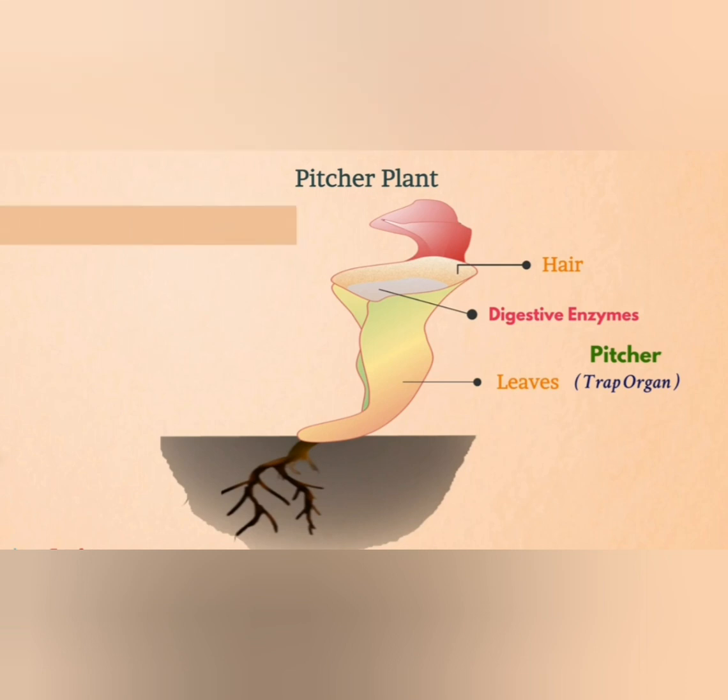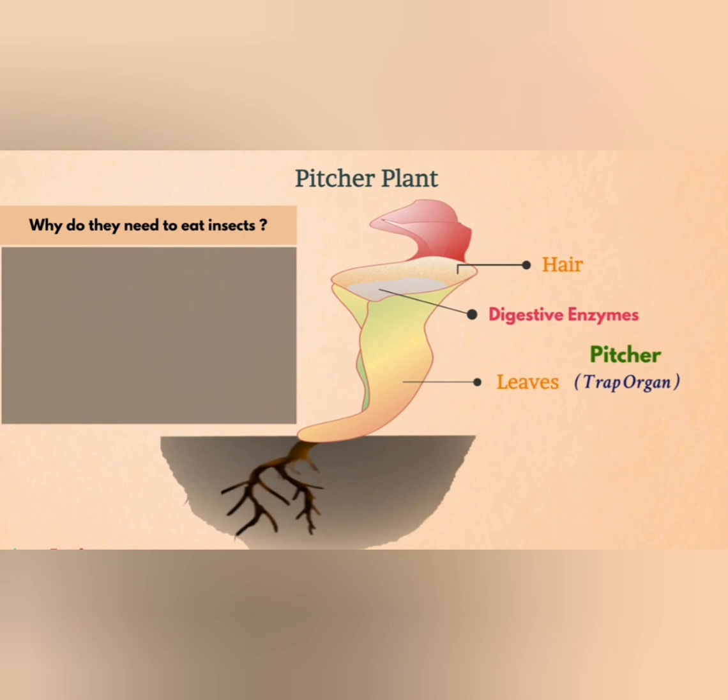Now, children, the question arises: why do they need to eat insects? As you know, there is a need for conversion of complex matter into a simpler form so that it becomes easier for the plants to take up the matter.